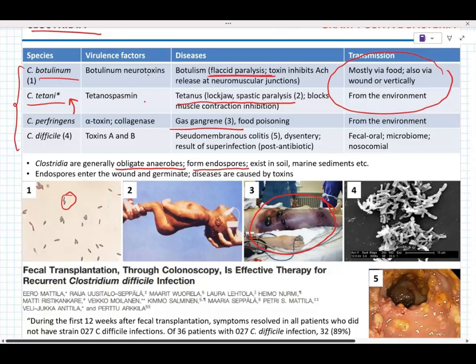They want a low oxygen environment. People with diabetes have a pretty bad perfusion, blood flow in their limbs, especially in the legs, feet, okay? So if there's a wound and Clostridia get into the wound, it's a perfect environment.